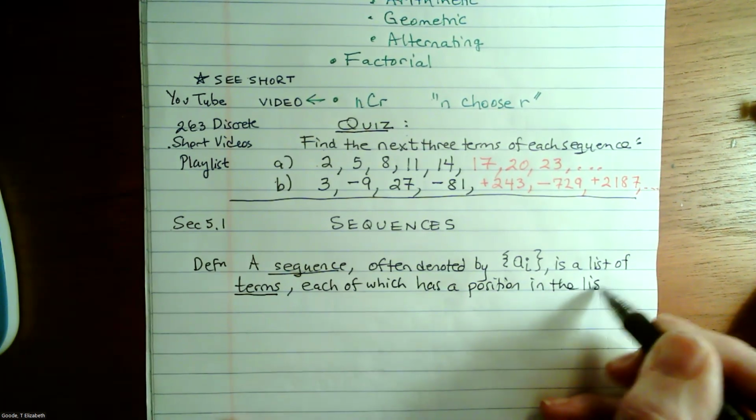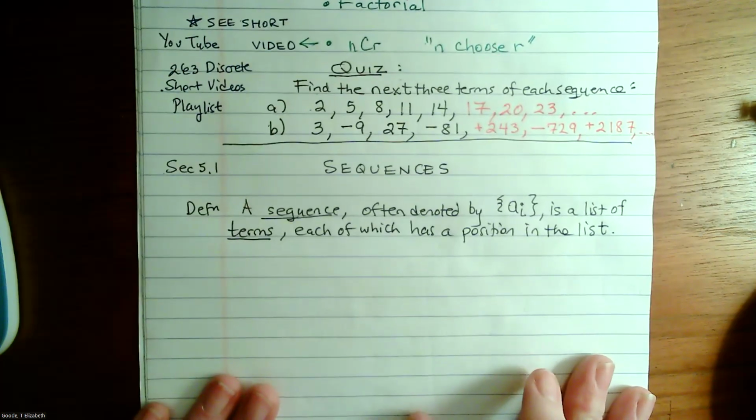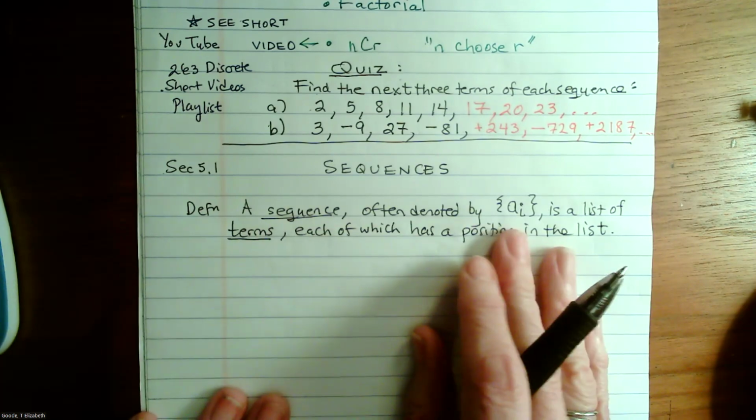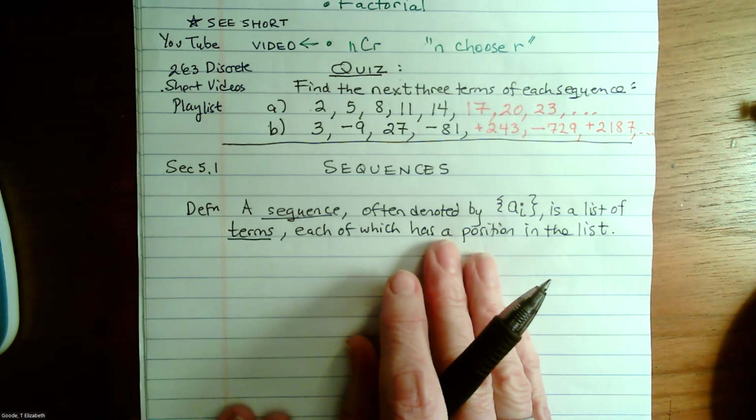So it's different from the kinds of sets that we talked about at the beginning of the semester, where the order of the elements didn't matter at all. The order is very important when we list the terms of a sequence.